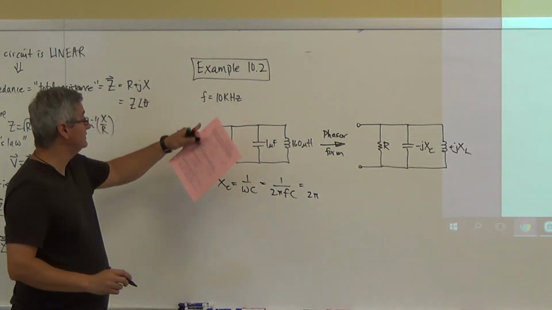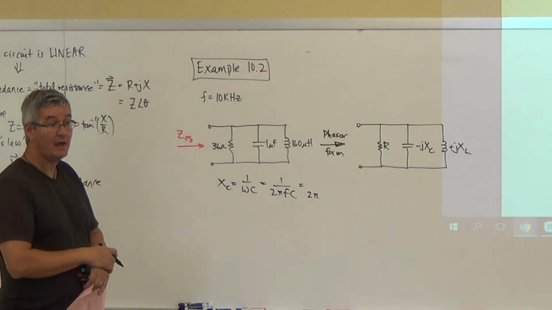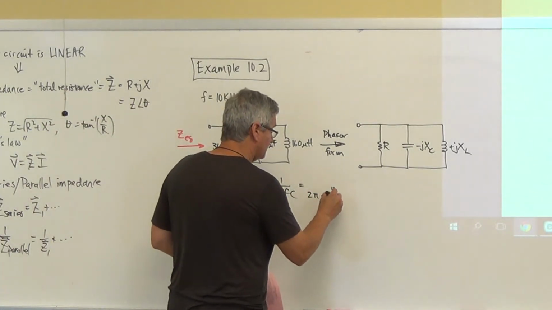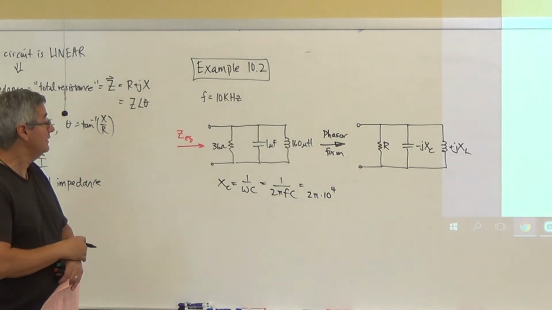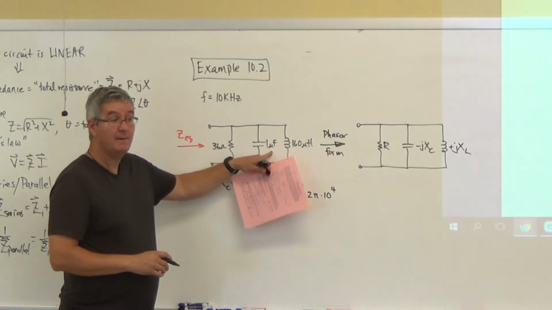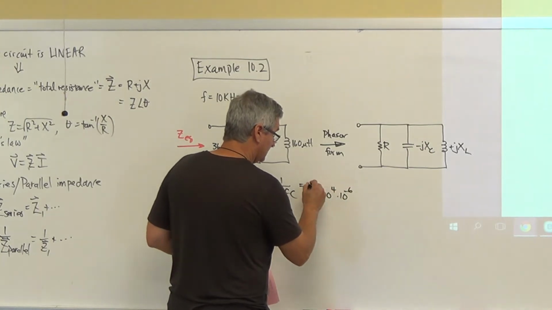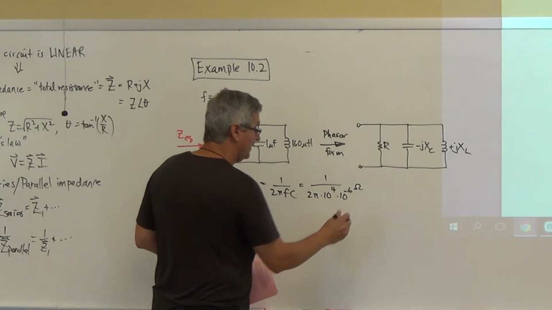I don't typically write in 10,000, I'll do 10 to the 4th. And it's to your benefit to start thinking in the language of powers, not numbers. Then the capacitance here is 1 micro, so it's 10 to the negative 6 over 1. And this has to have units of ohms.